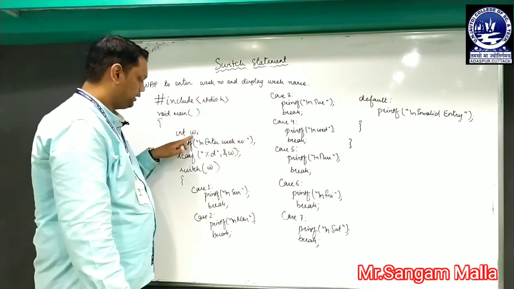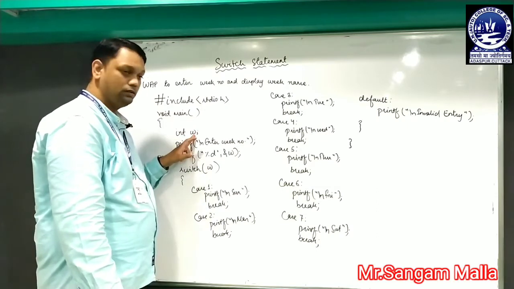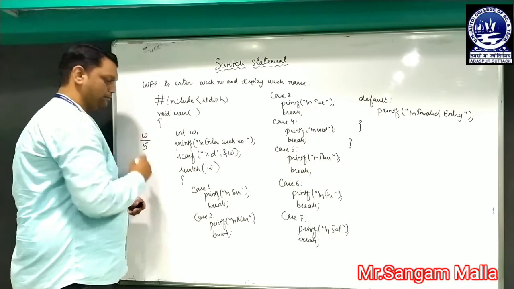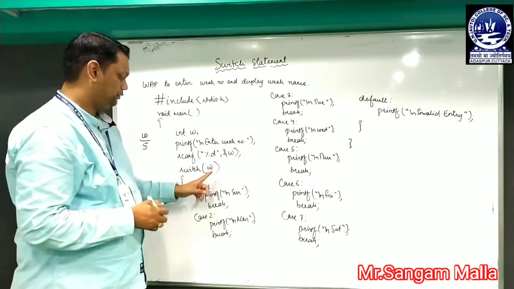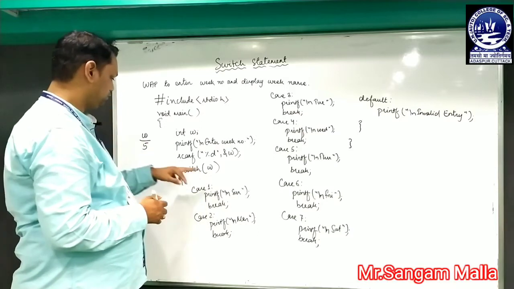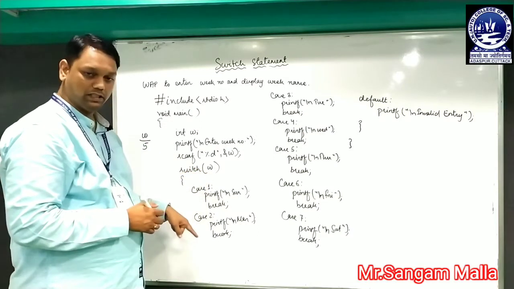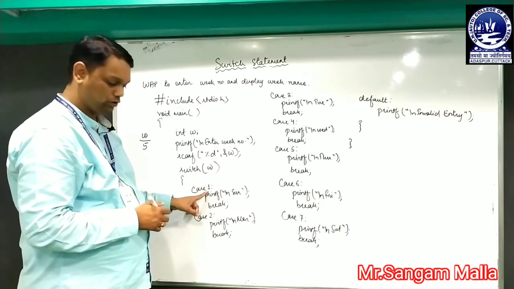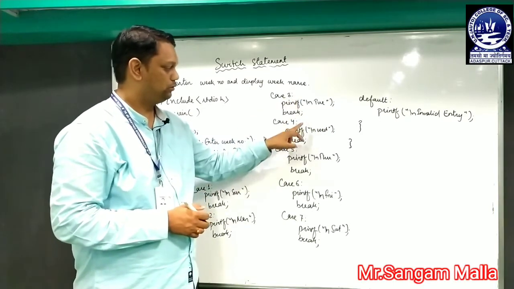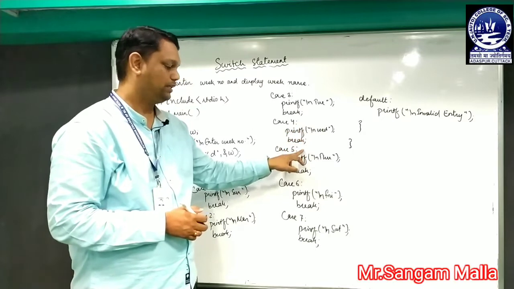So I have entered the week number under w. So let us say the user has entered 5. So 5 has been taken under the expression of switch. It will check the value of w with each case value. So 5 is equal to 1, no. 5 is equal to 2, no. 5 is equal to 3, no. 4, no. Here the case will get satisfied.